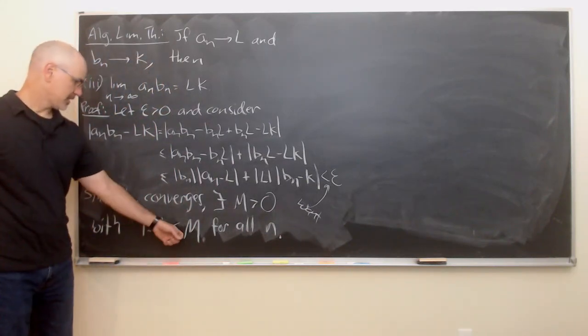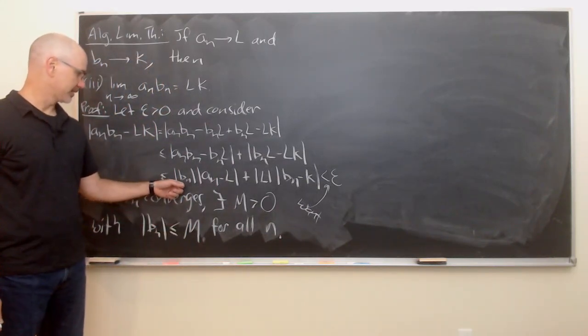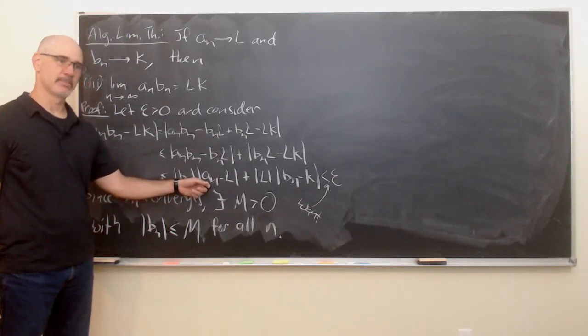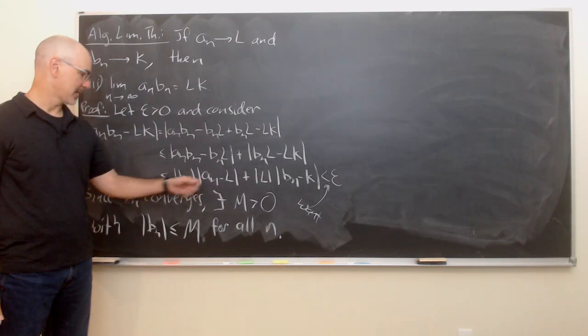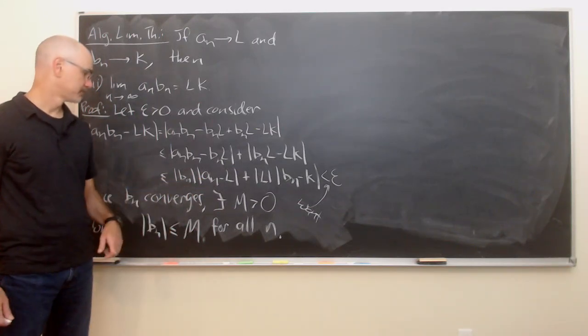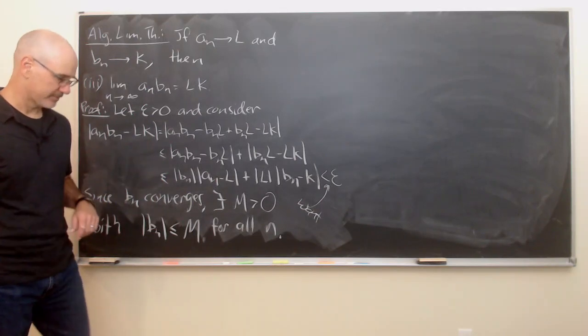All right, so making that bound lets me look ahead a little bit and see that I'm going to be able to select An minus L to be smaller than epsilon over capital M divided by 2. So let's start finishing this up.